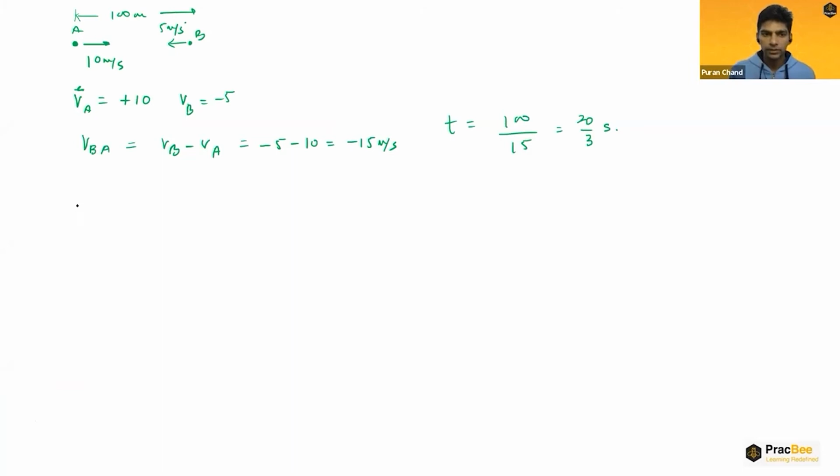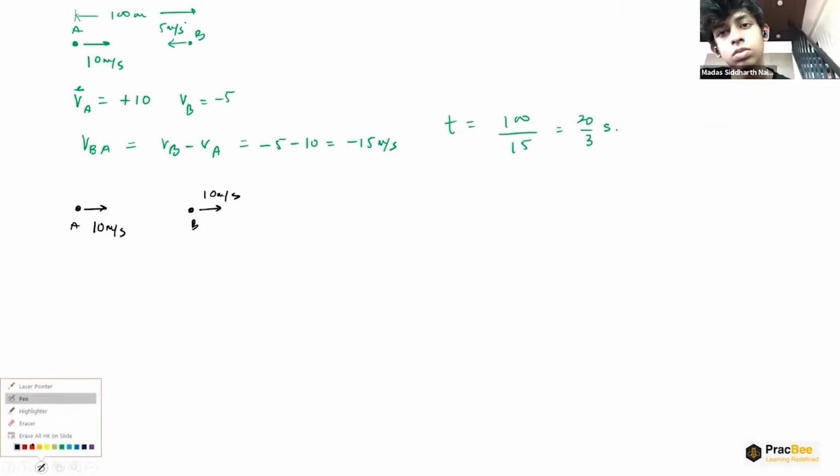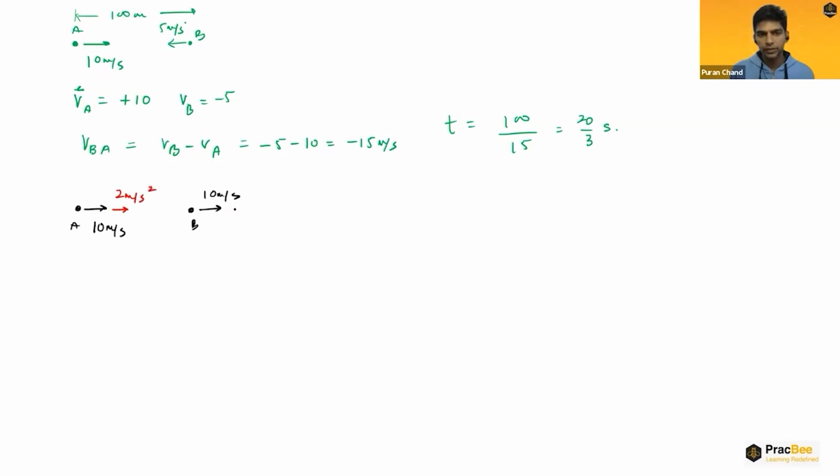Suppose now we have a case. This is A, which is moving with a speed of, say, 10 meter per second. And there is another object B, which is moving with a speed of 10 meter per second, and it has an acceleration of 1 meter per second square in the right direction.